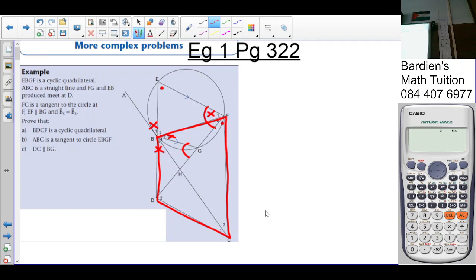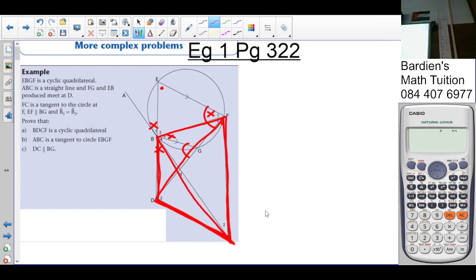So we can prove that this angle here, which is F1, is the same as B5. I've done the job. Not so? F1 and B5, yes. CD is subtending that angle, and CD is also subtending that angle.